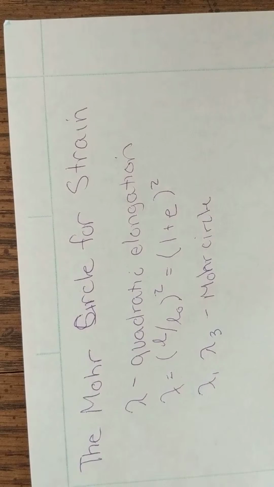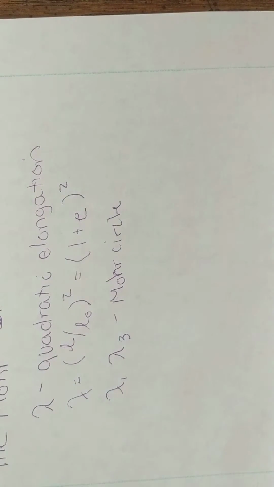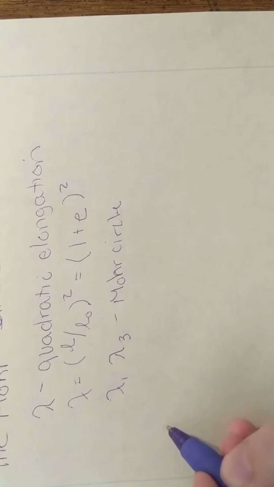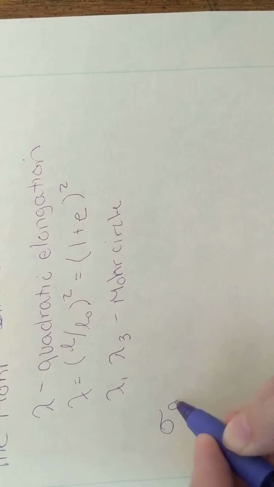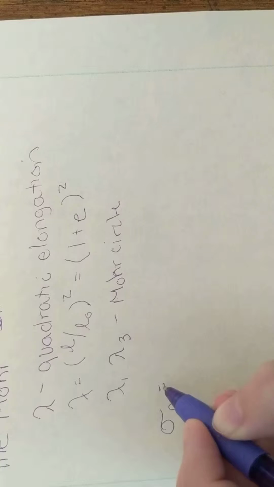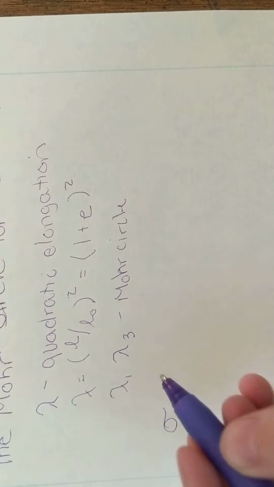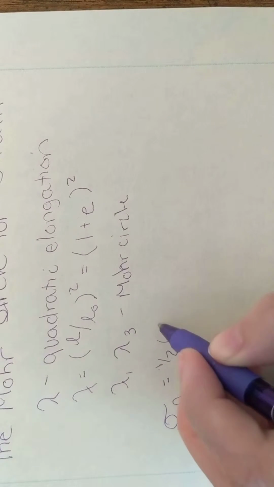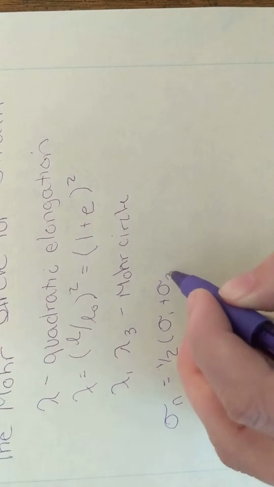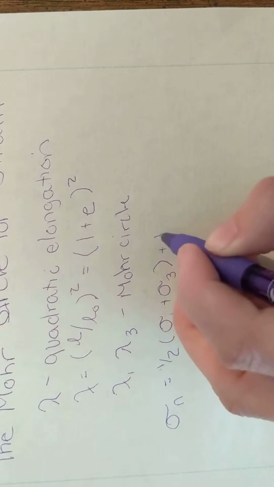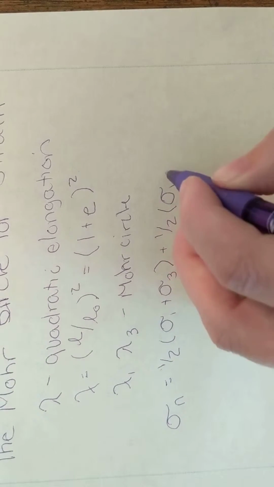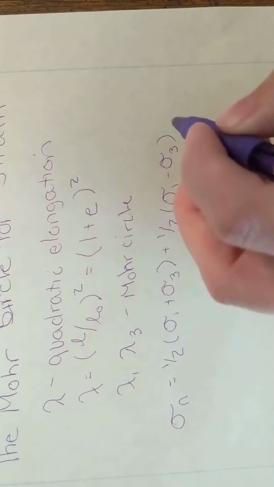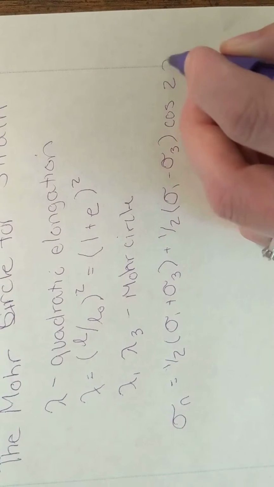Now, if we think back to our original Mohr stress diagram, we had our equations for sigma n and sigma s, right? Remember, sigma n was equal to 1/2 (sigma 1 plus sigma 3) plus 1/2 (sigma 1 minus sigma 3) cosine of 2 theta.